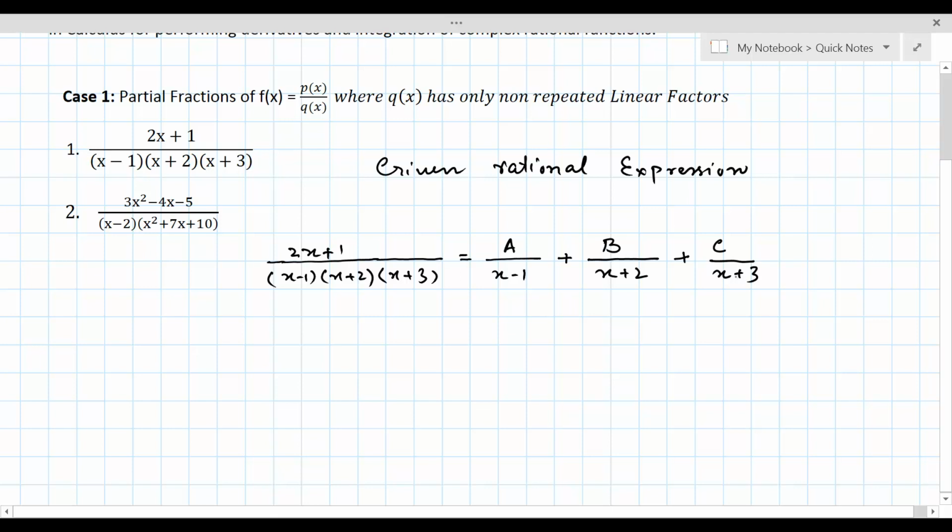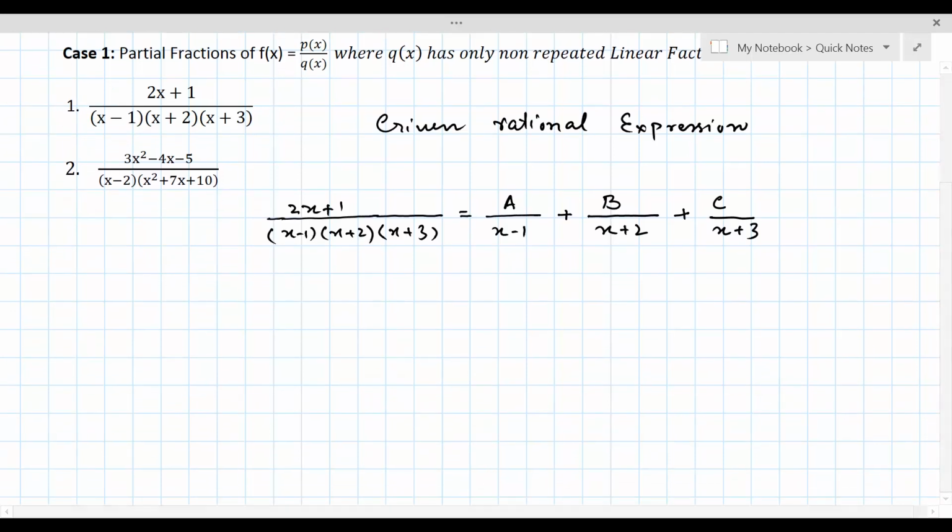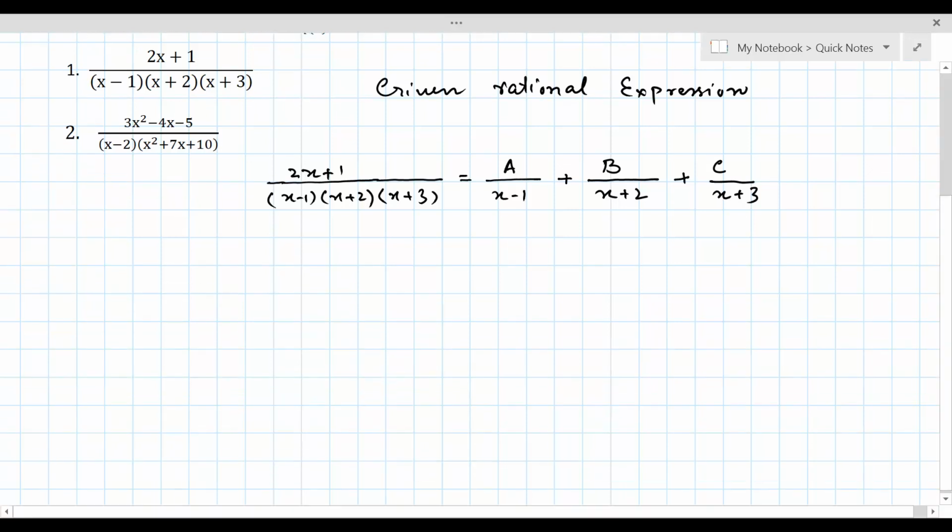The expression on the left side is one complex product of so many different factors, and the one on the right side is a sum of simpler fractions with the introduction of the constants A, B, C. Now our job is to find these constants A, B, C.